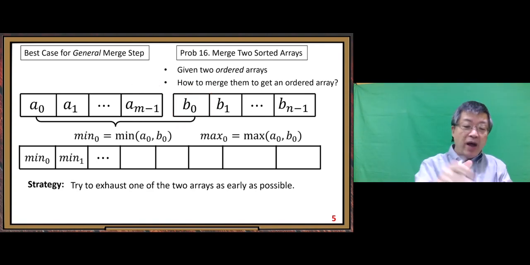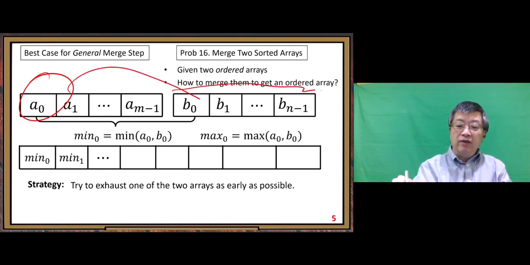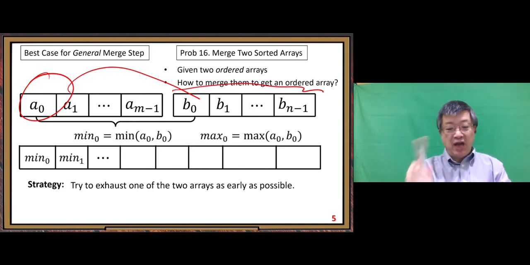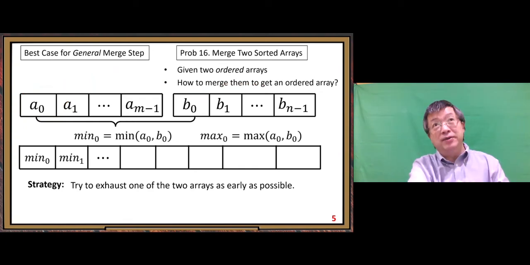Or the other way around, the smallest element in the other array beats all the elements of the first array. Two possible cases. Which one is better? That's the better one corresponds to the best case.